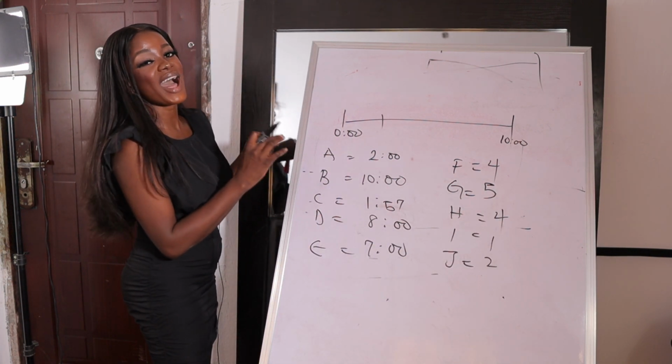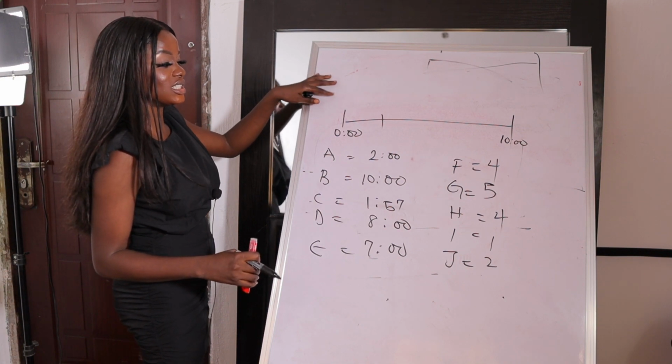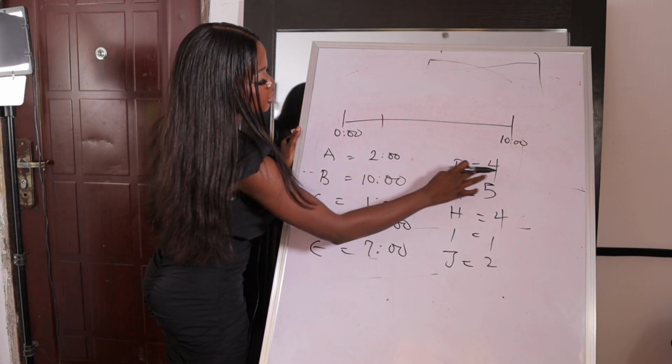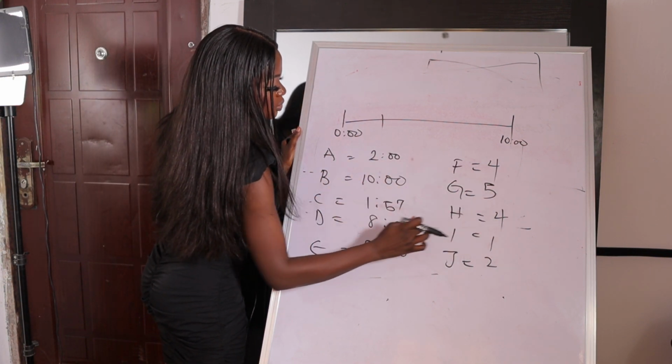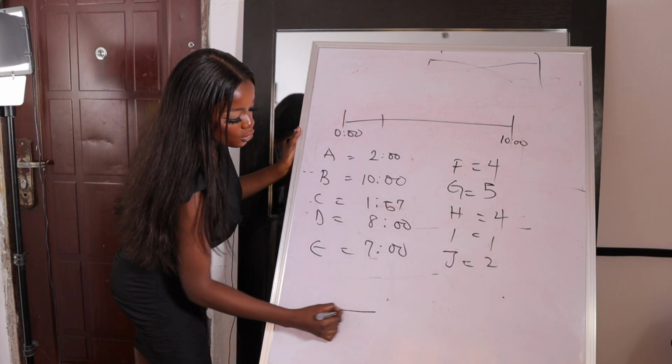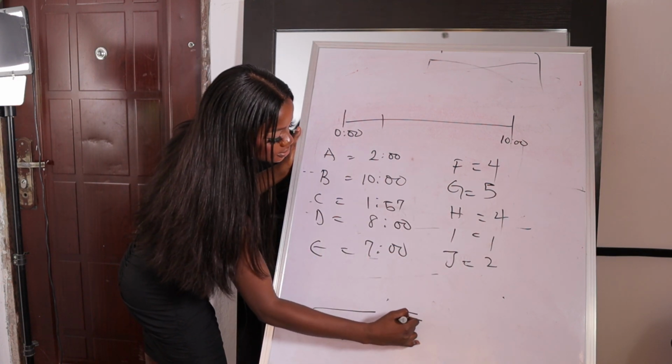Now, in order to know your average retention rate on this individual video, you are going to add 2 plus 10 plus 1.57 plus 8 plus 7 plus 4 plus 5 plus 5 plus 2 plus 1 plus 4, over 10.